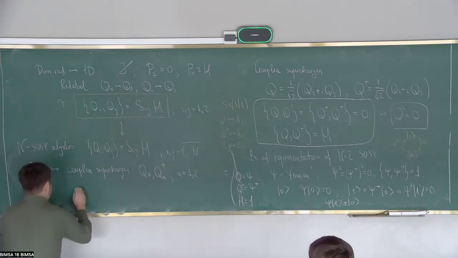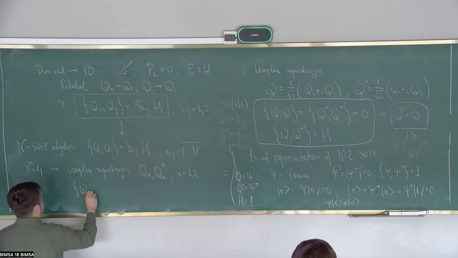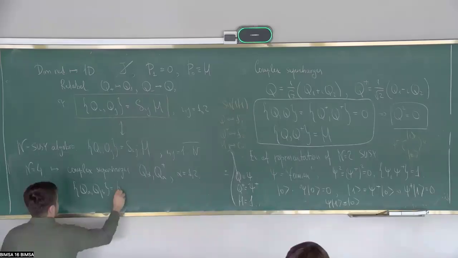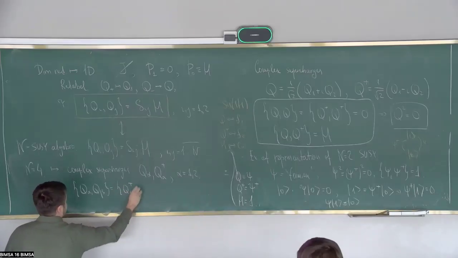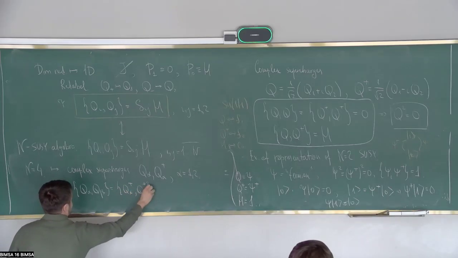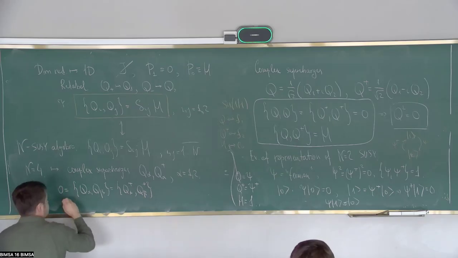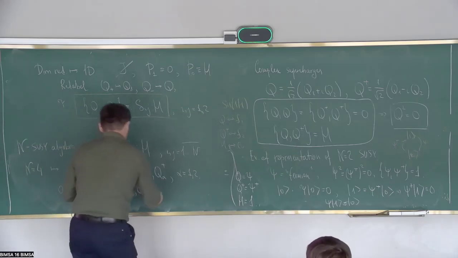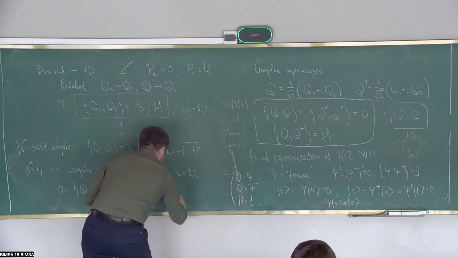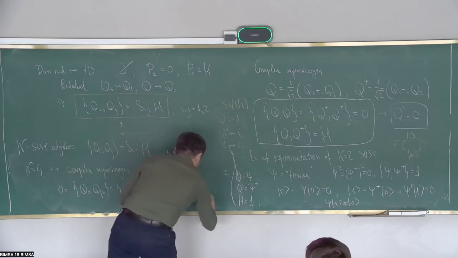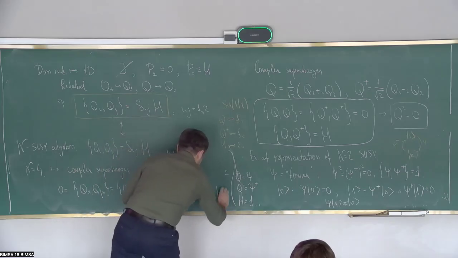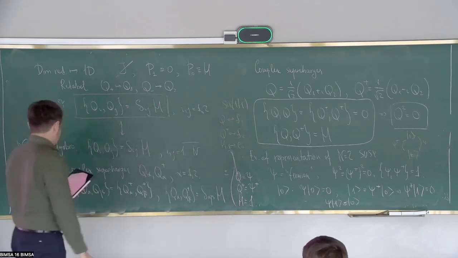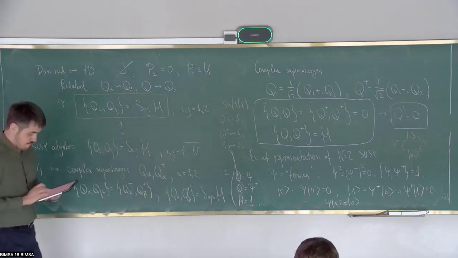The algebra is: {Q_α, Q_β} is 0, and {Q_α†, Q_β†} is 0, but {Q_α, Q_β†} is δ_αβ H. So this is the N = 4 supersymmetry algebra.